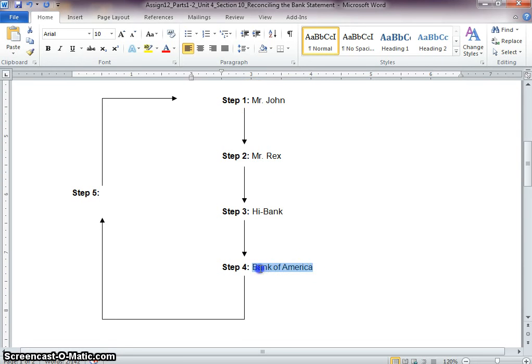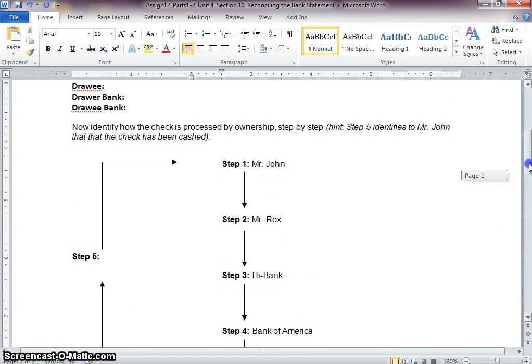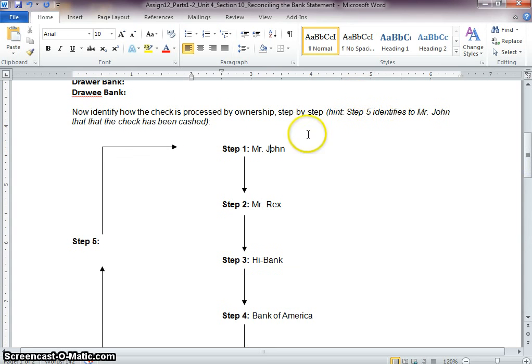So Bank of America then accepts the check from High Bank and gives them the money to give to Mr. Rex from Mr. John. That is basically how this all works, okay? I know the directions really didn't explain this very well, so I apologize for not getting this how-to video out sooner.